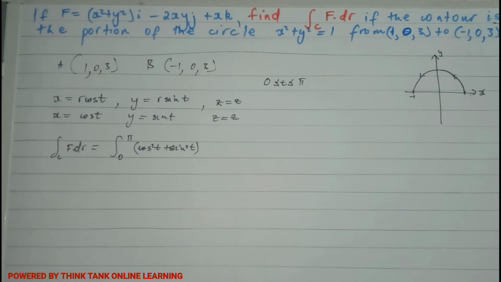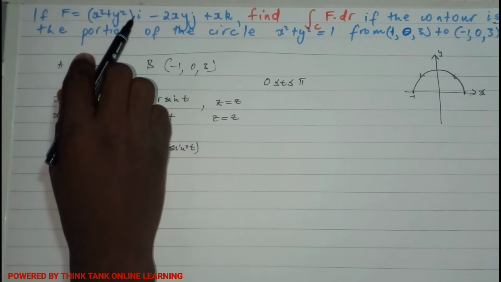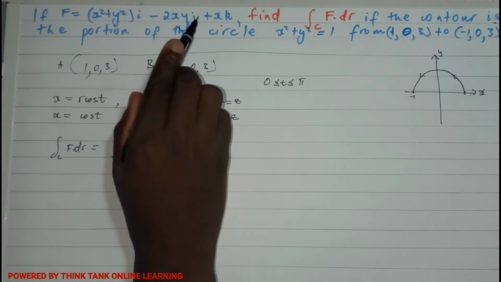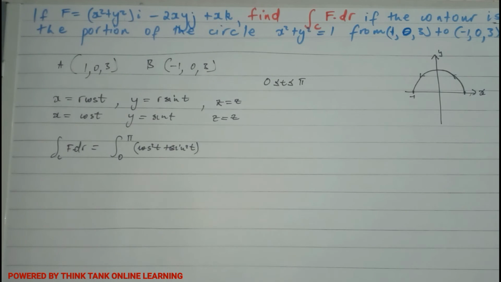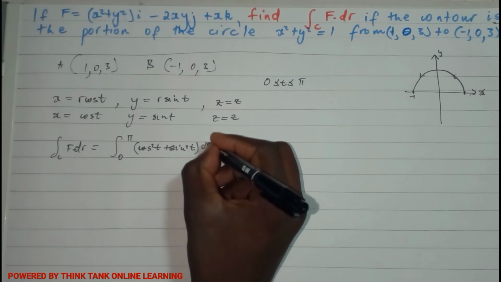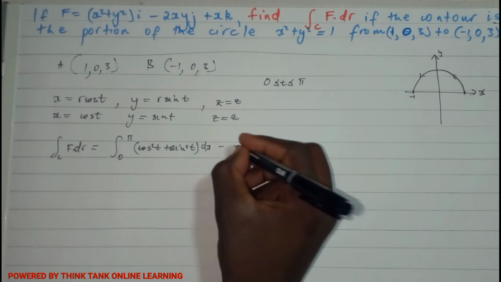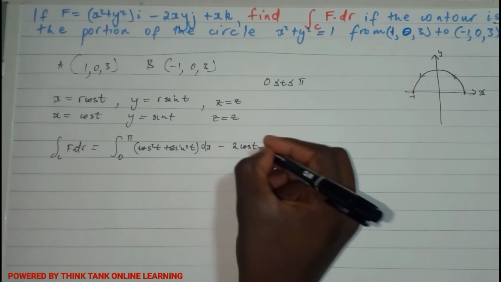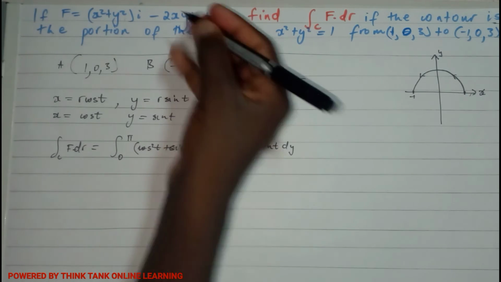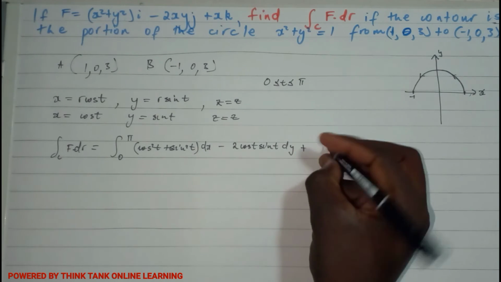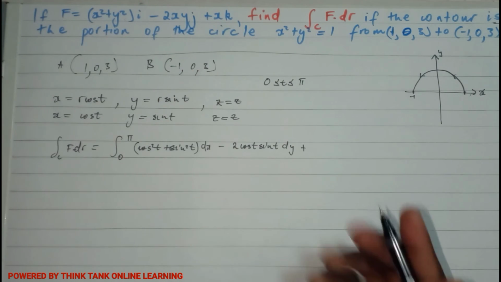We said i goes with dx and j goes with dy, so let me write here dx, minus 2 cos t sine t dy, plus 2, what is k?